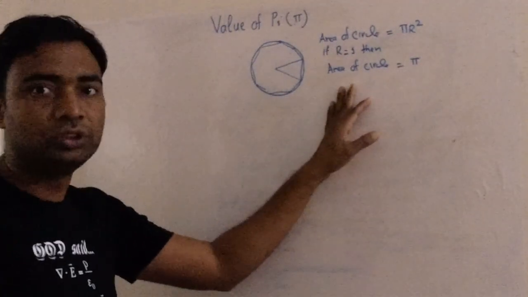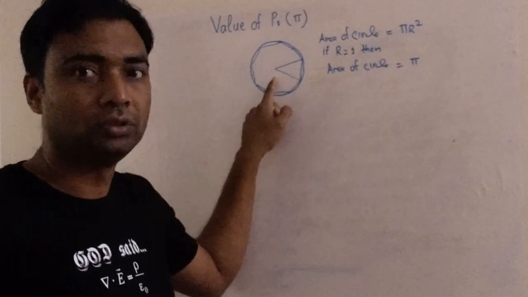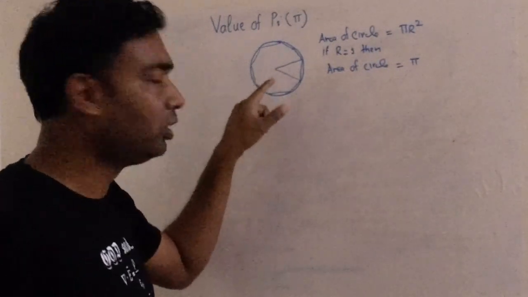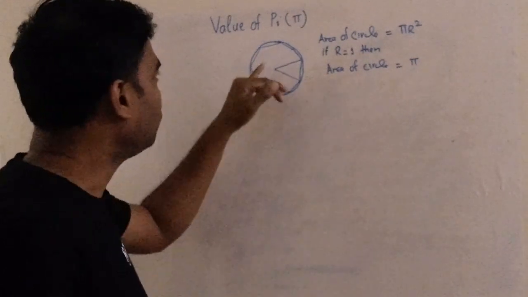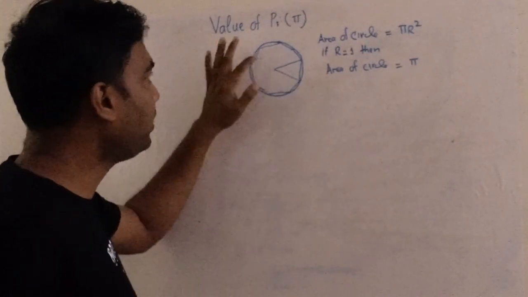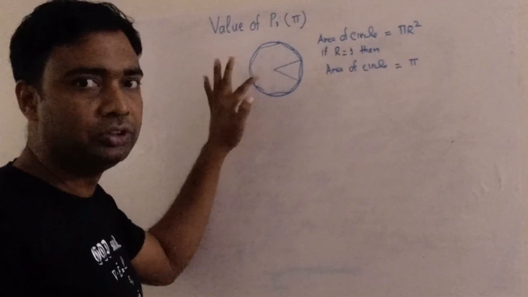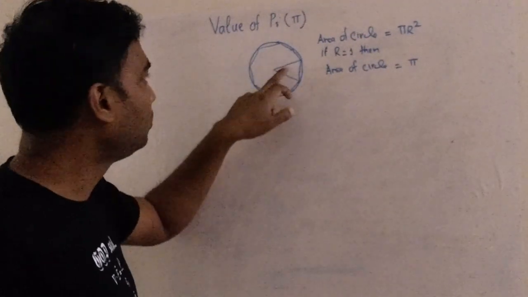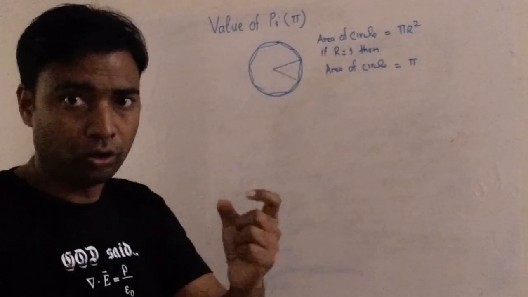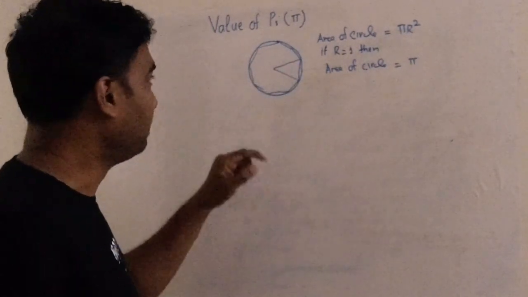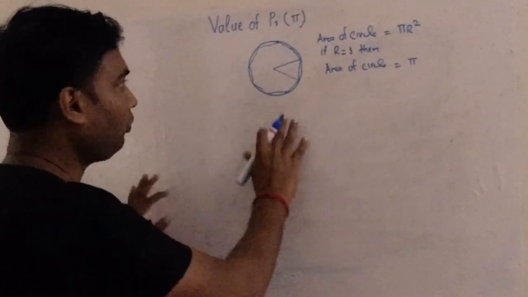So what I am going to do is find the area of this circle, which has unit radius. Since this has a unit radius, the polygon inside the circle will also have unit length for the line joining the corner of the polygon.